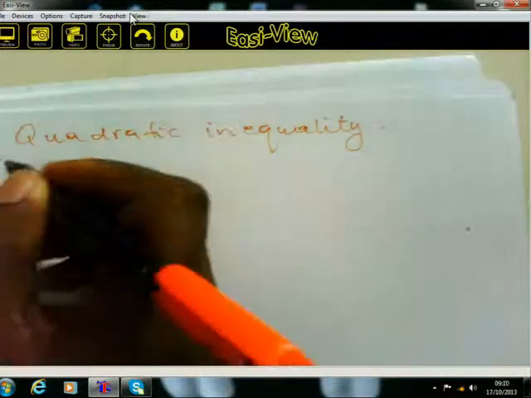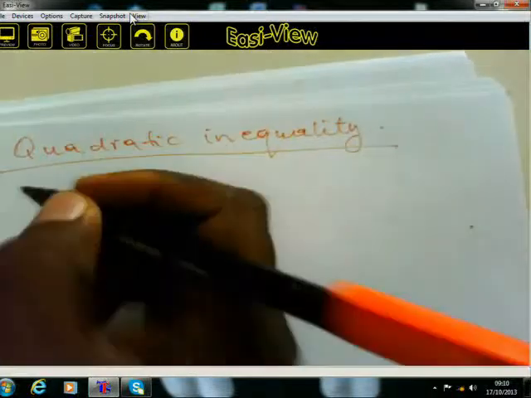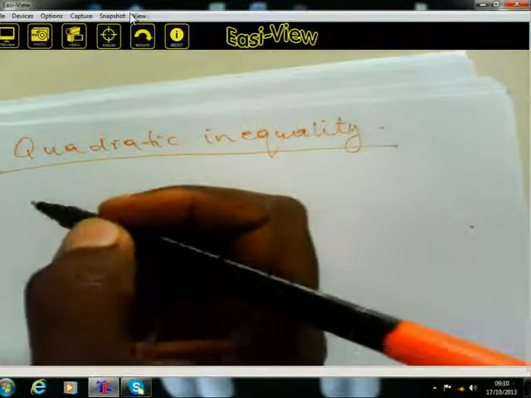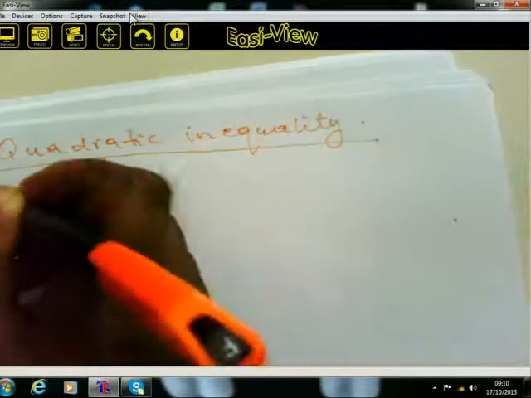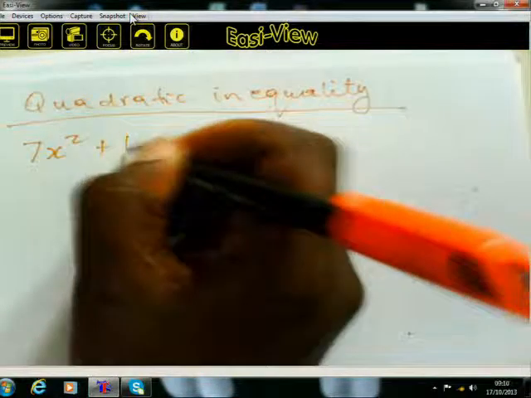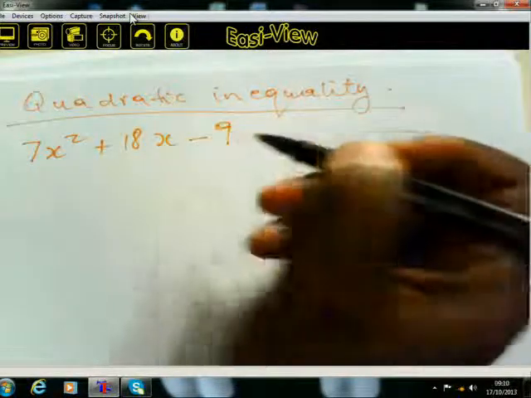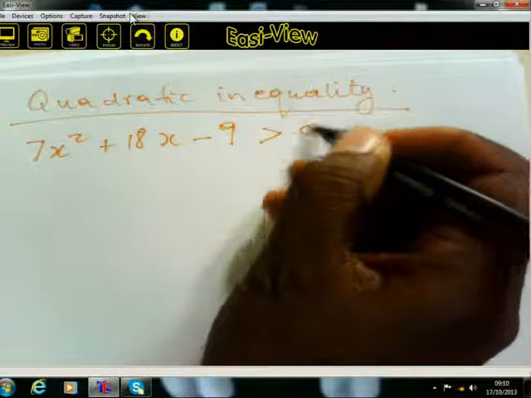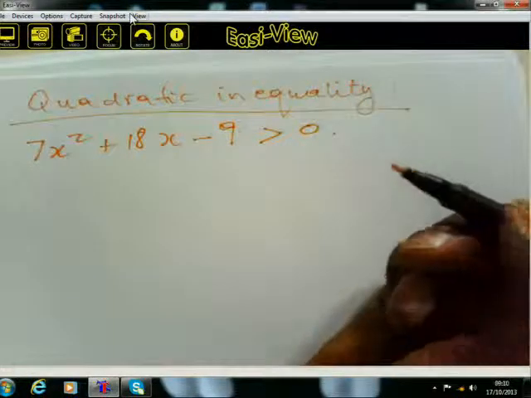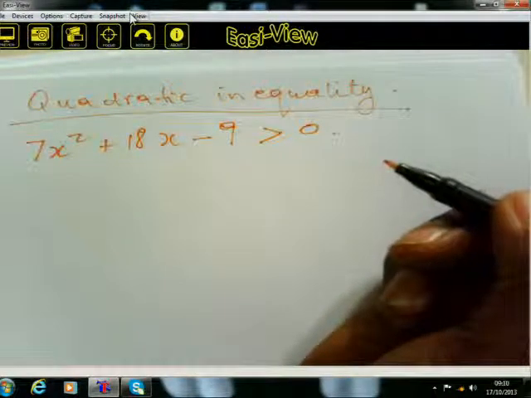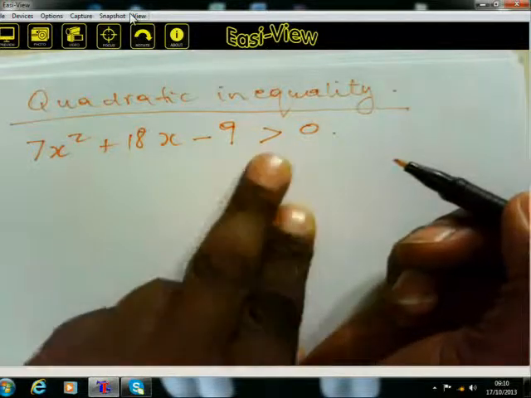Now, I'm just going to give out an example of this one. Now, an example of this one is as follows. If you have 7x squared plus 18x minus 9, which is greater than 0, then this is no more an equation.